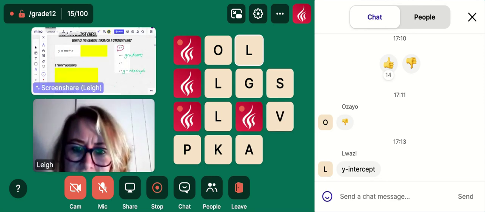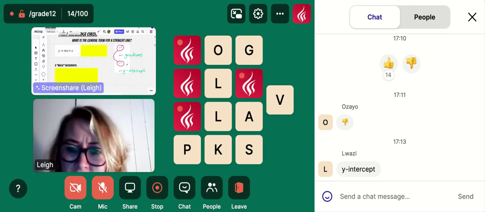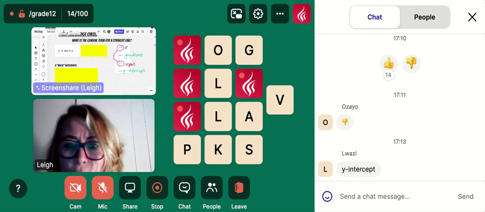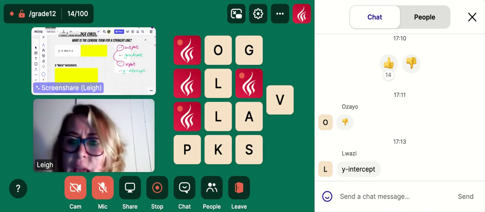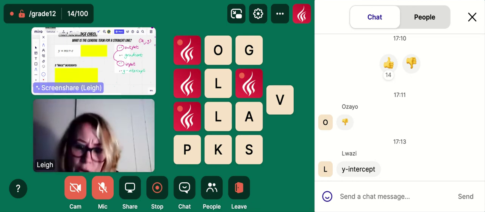These two function together: X functions as your input, and Y functions as your output. So these are the X and Y coordinates of any point that lies on our tangent or on our straight line.